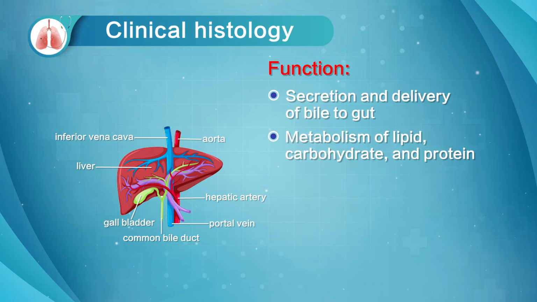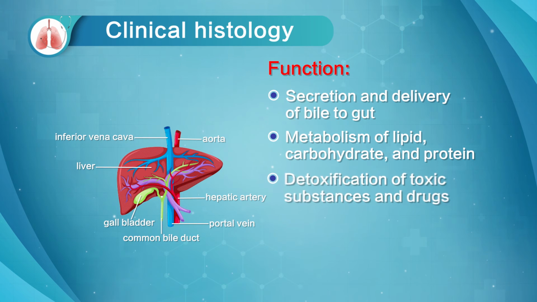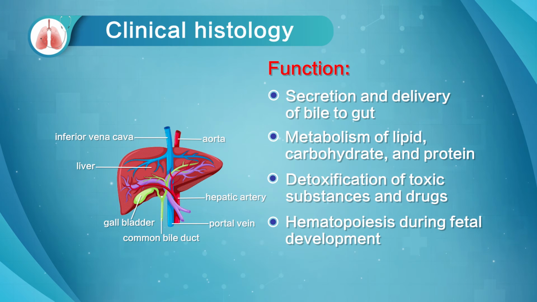Secondly, it takes part in metabolism of nutrition, including lipid, carbohydrate, and protein. It's the site for detoxification of some harmful substances and drugs. During the fetal stage, the liver is also an organ for hematopoiesis.